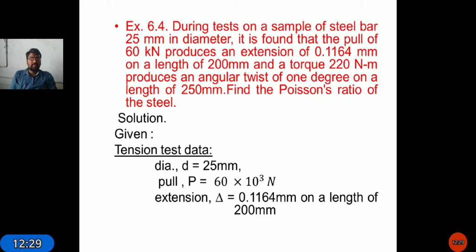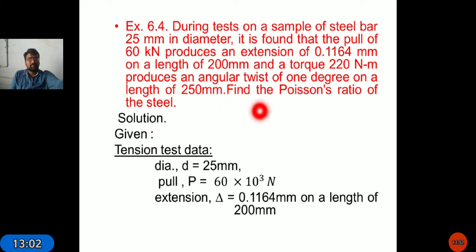They conducted one test on a steel bar having diameter 25 mm, an applied load of 60 kilonewton and length 200 millimeters. Due to the application of load, it extends by 0.1164 millimeters, and a torque of 220 Newton meter produces an angular twist of 1 degree on a length of 250 mm.